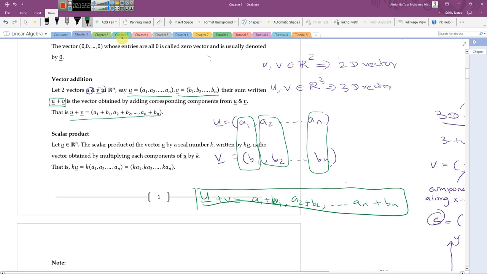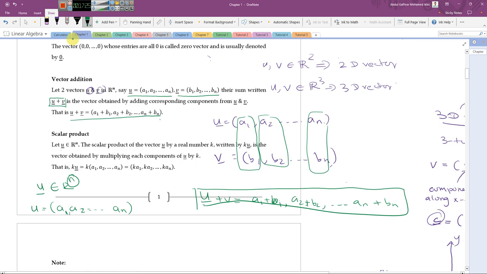Now we will be talking about scalar products. For the scalar product, we take a vector u belongs to Rn. Rn means you will have elements a1, a2 up to an, right? So it has n elements.